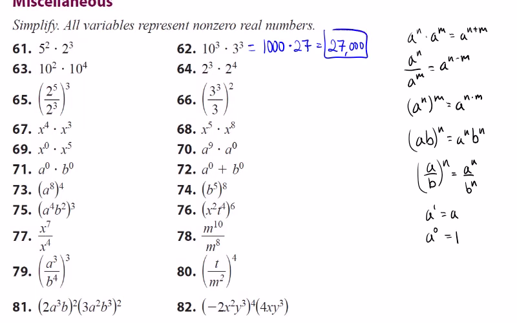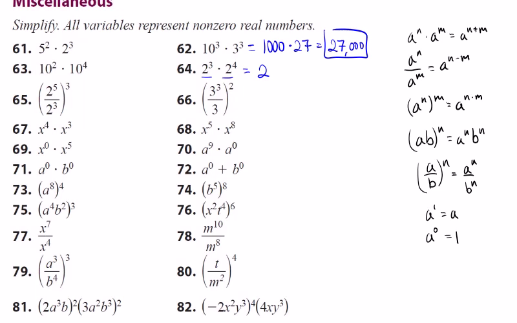All right, number 64. So here we have 2 cubed times 2 to the 4th. You could evaluate these just like we did, right? 2 to the third power is 8, 2 to the 4th is 16, then you can multiply those together. Or you can use the product rule, since we have like bases, right?